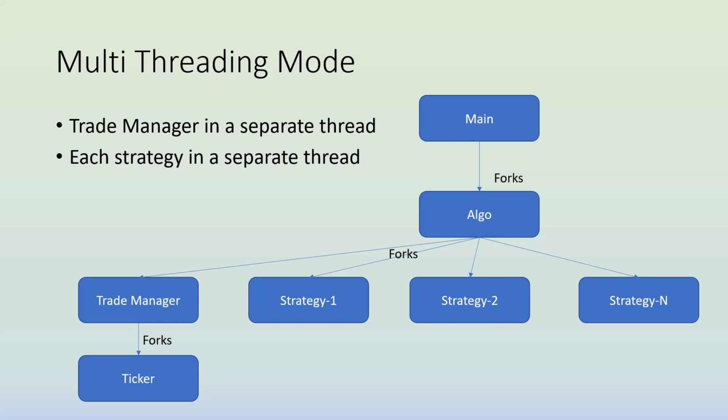They should not run one after another; all strategies should run in parallel. The trade manager internally starts a ticker service, and the ticker itself is another thread. So the application creates a hierarchy of threads.